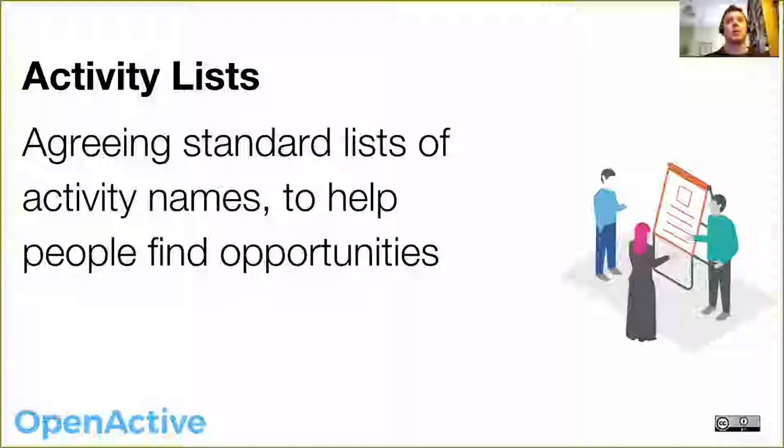If we want innovators to be able to use the opportunity data to help people find opportunities to be active, then we need to be able to consistently categorize and describe what kinds of activities they'll be taking part in, because that'll help drive those discovery tools. So we're trying to come to some agreement around what those activities are, how to group them, and how they relate to one another.